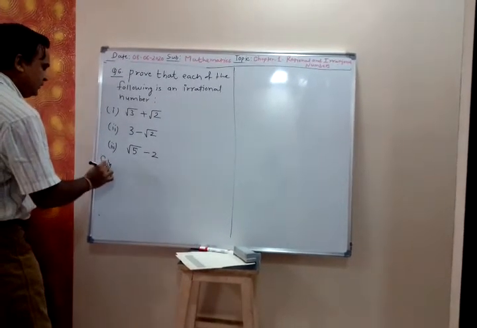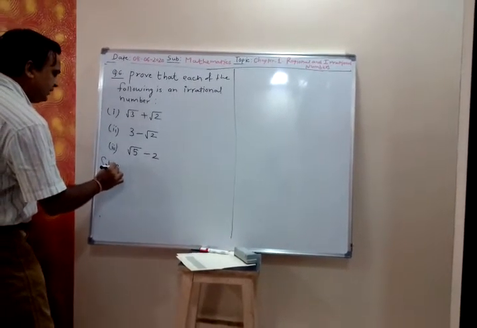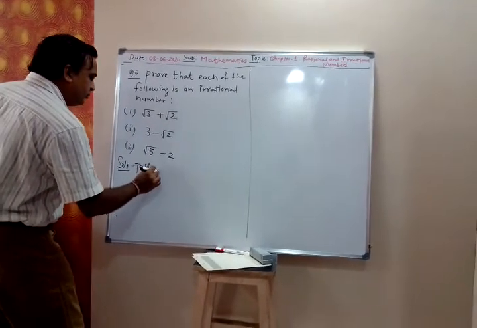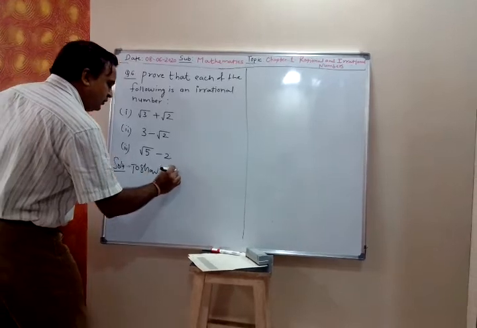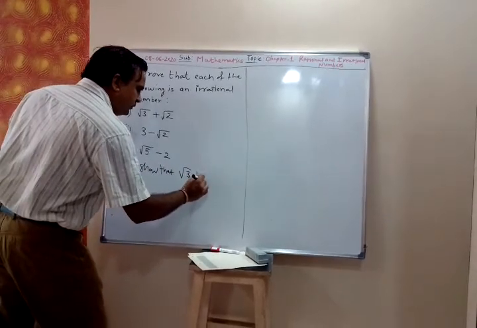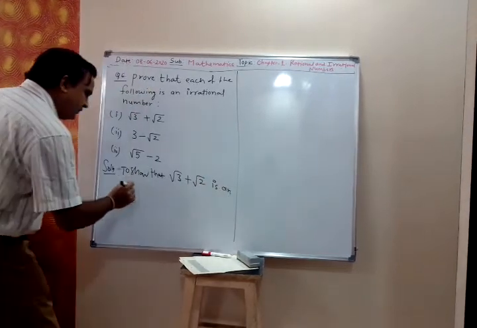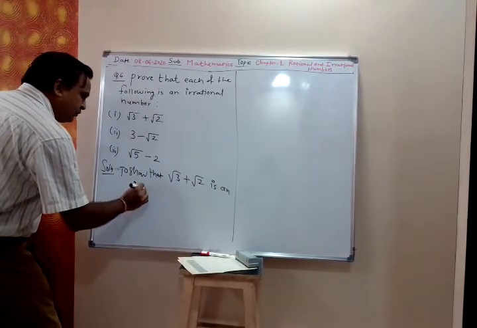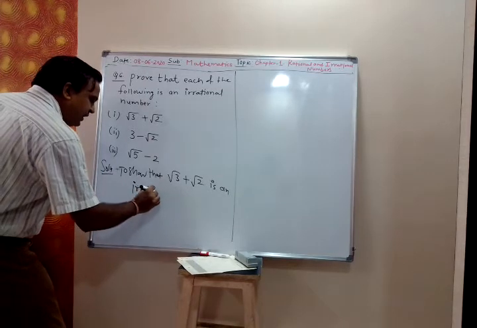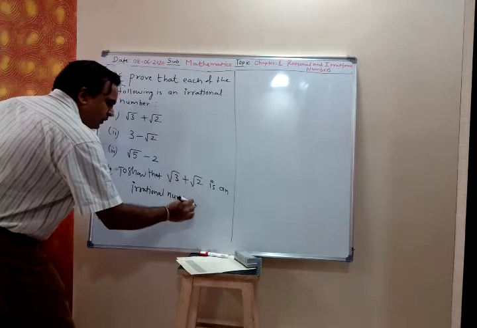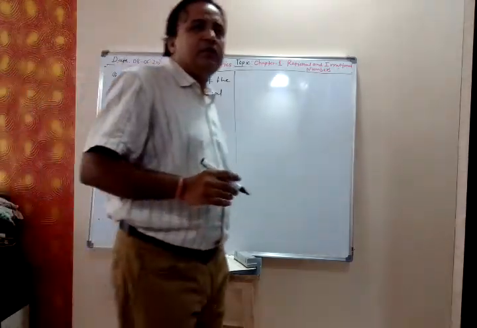First one, show that root 3 plus root 2 is an irrational number. Now we'll use the method of contradiction.